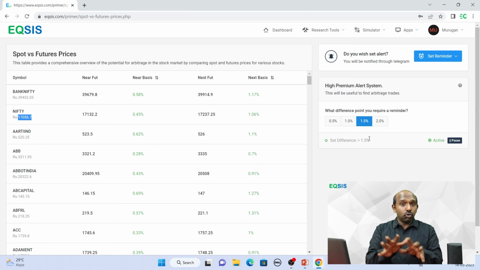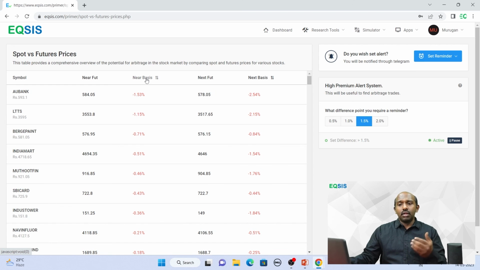So there is a scope, but we will be talking about this reminder facility and other features, and how you can enable them, in the upcoming videos in the same playlist. I just wanted to tell you that it is there, so I've made it available in this video. Otherwise, I don't want to make a very lengthy video out of a very illustrative one. But if you have a scenario where the future prices are way lower than the spot price, that's called reverse arbitrage.